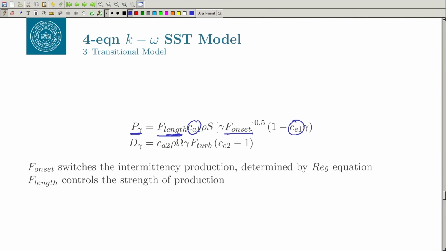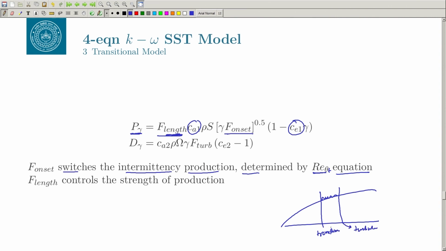F onset basically switches the intermittency production on. Before that there is no intermittency, but the onset has to be determined by something, and that is determined by this Re theta t equation. F length basically controls the strength. If the production rate is very high, it may become turbulent early. Going back to the same picture, there is when it becomes transitional and when it becomes fully turbulent.